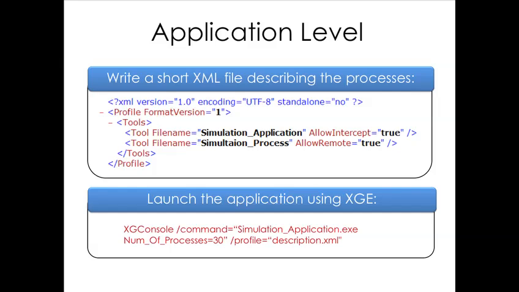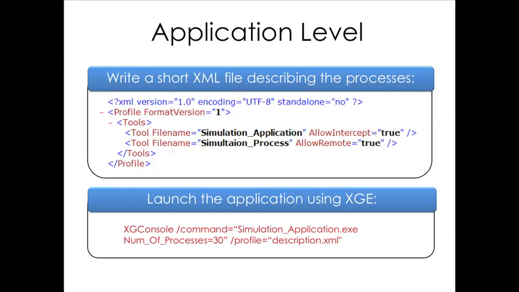So if I take this example, and this is a real life scenario, let's say that I have an application which runs a lot of simulation processes. The main application with the GUI and all of this is called simulation application, and the processes which are executed are simulation process.